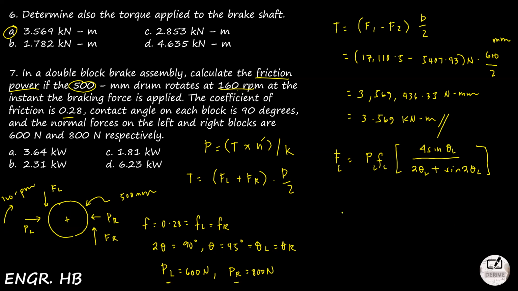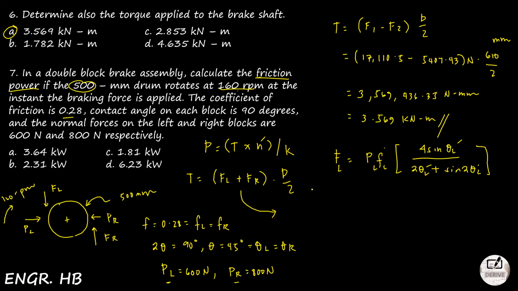Na syempre siguro depende sa bigat na sinasalo ng drum sa block. But we can simplify this. Since parehas ang coefficient of friction, pati na rin itong loob na to kasi parehas ang angle of contact, which is the 45 degrees.